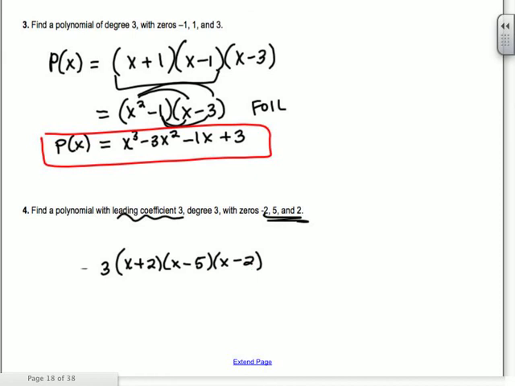Okay, now always think about the easiest way to multiply these. Which 2 should I multiply together? The first and the last, right? So when I multiply x plus 2 and x minus 2, you end up with x squared minus 4. That was the difference of 2 squares. Now you have your x minus 5.